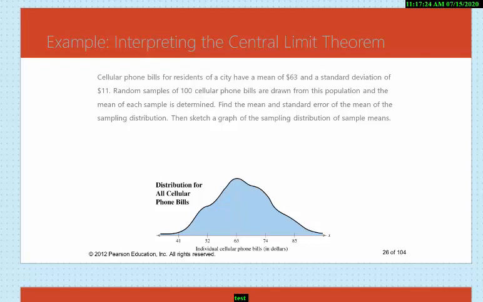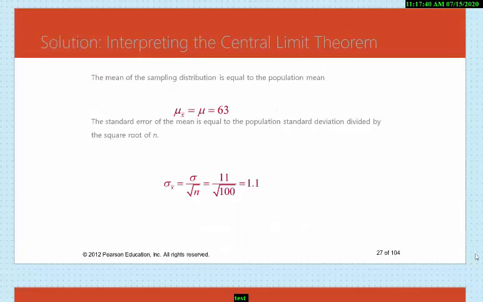Let's look at the problem and how we are going to solve it. First of all, we do know that the mean of the population is $63. They already told us, so we can take it as a given. It's something that we know.